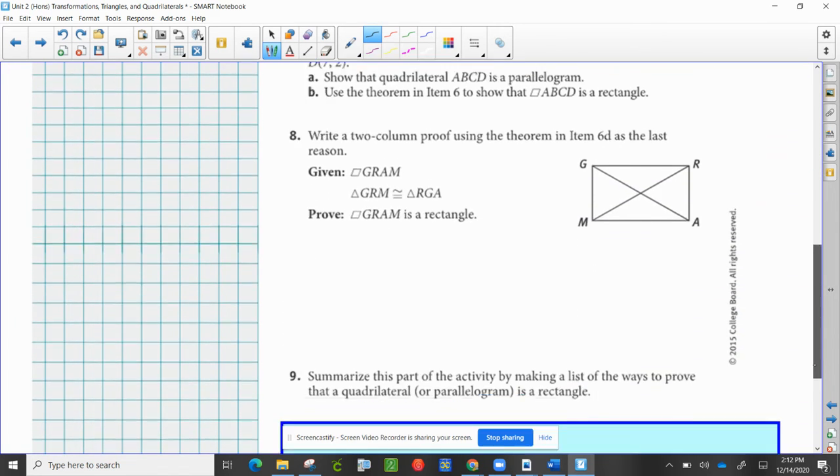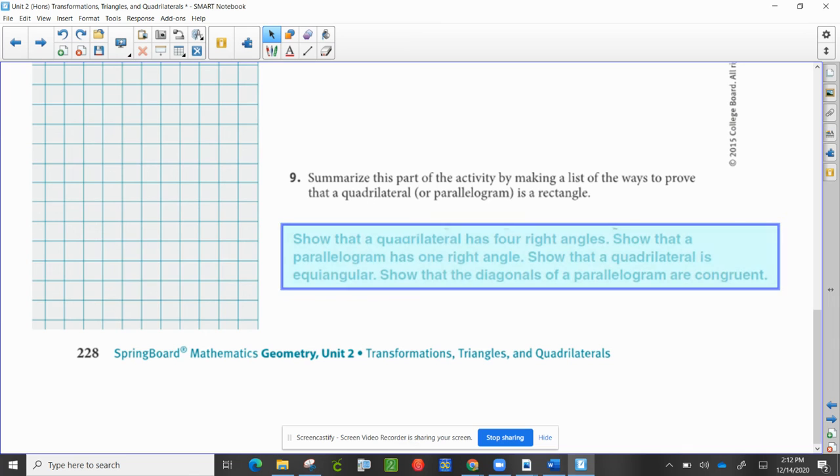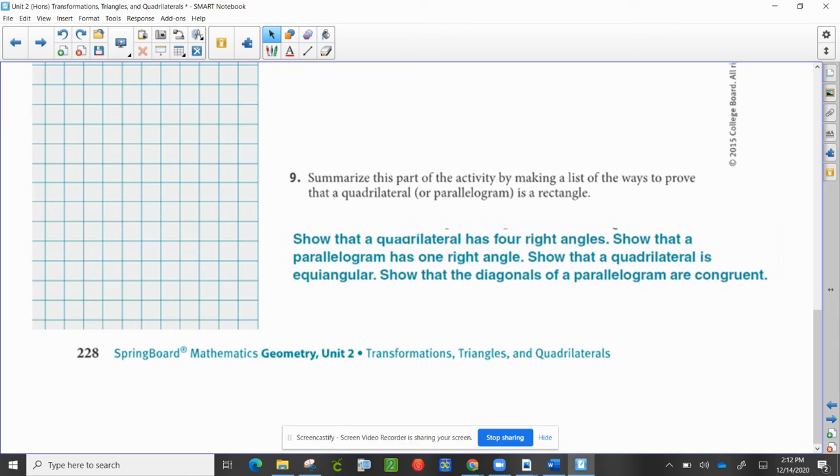So let's just summarize all of our theorems really quick. Okay, so the list of reasons that we can prove that something is a rectangle is that we can show it has four right angles, so being equiangular. Okay, and again, if we just prove that it has one right angle, then that means if it's a parallelogram with one right angle, all three of the other angles are also going to be right angles, so it's a rectangle.